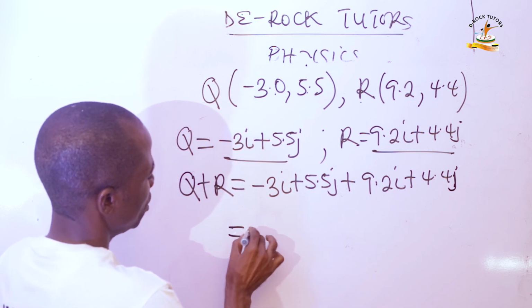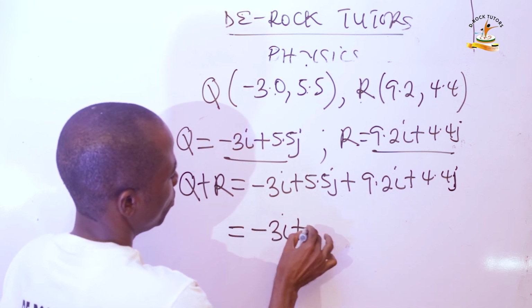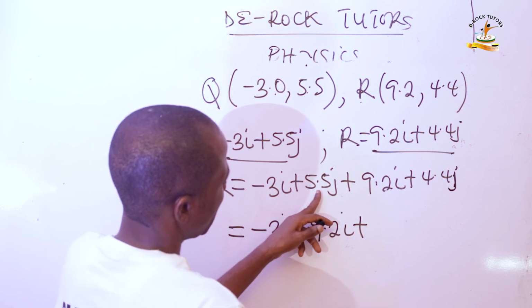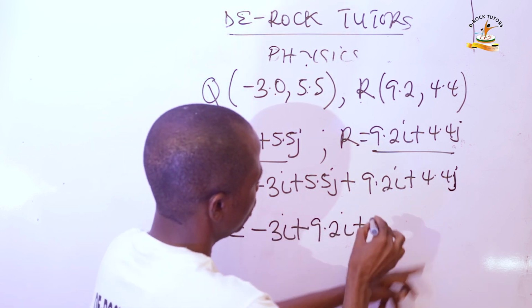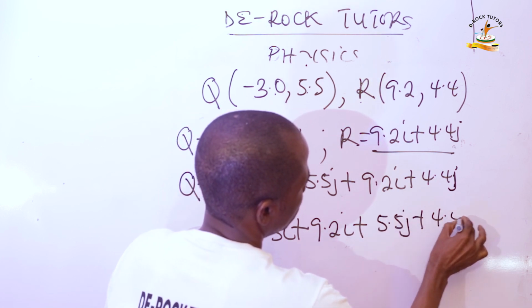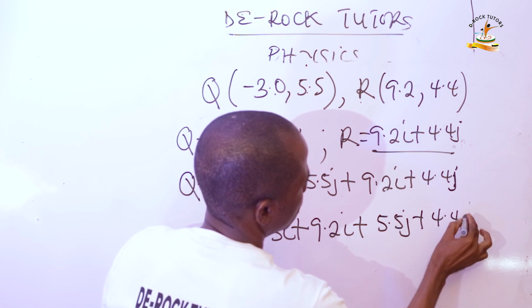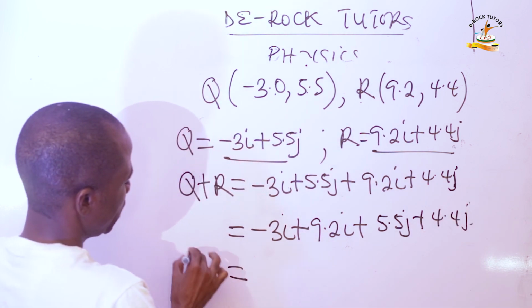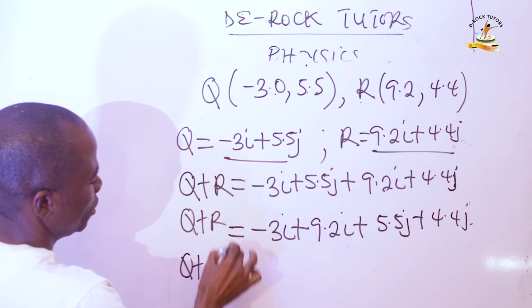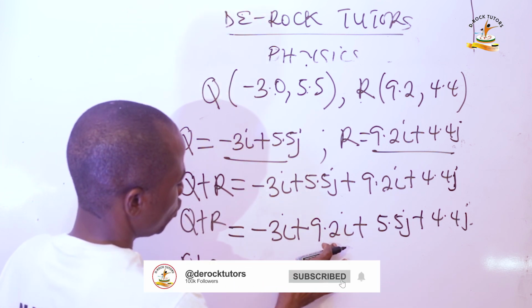So this gives us minus 3I plus, we add it to 9.2I, then we add 5.5J and 4.4J together. That's 5.5J plus 4.4J. Then our Q plus R, don't forget. If we add this and this together, what do we get?